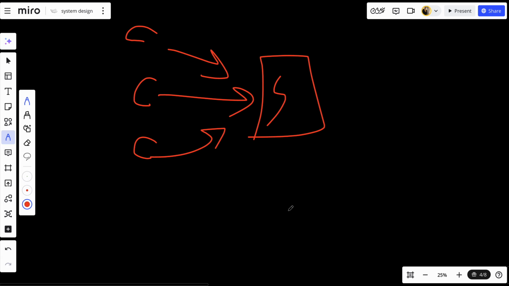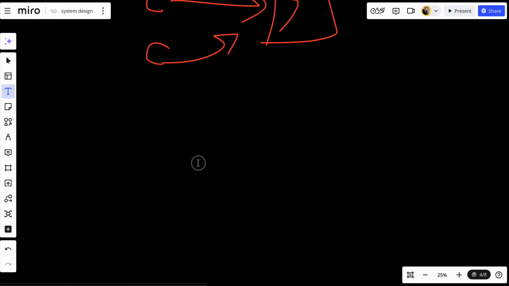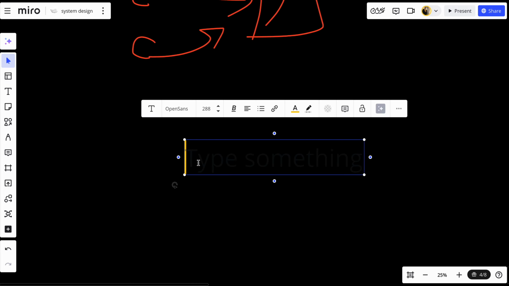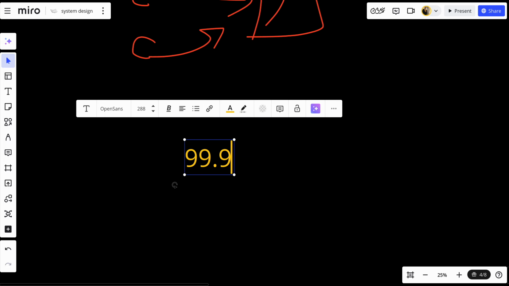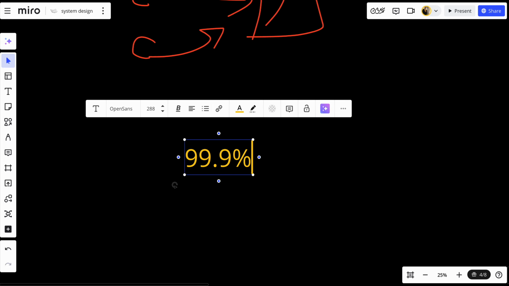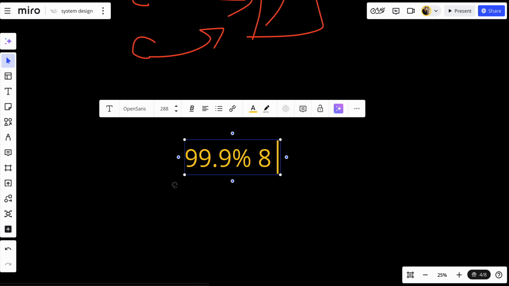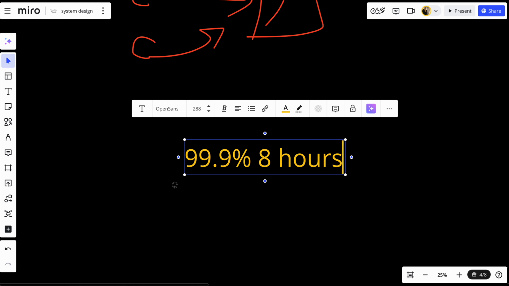One way to think about availability is in terms of nines. You will often hear people talk about achieving three nines, four nines, or five nines. This is a shorthand for the percentages of uptime. For example, three nines, which is 99.9 percent, means about 8 hours of downtime a year.